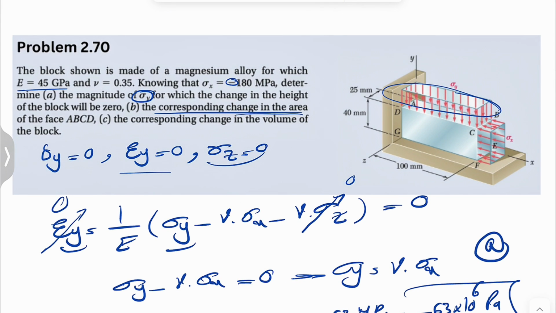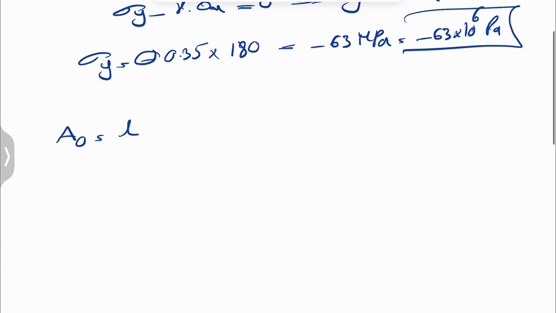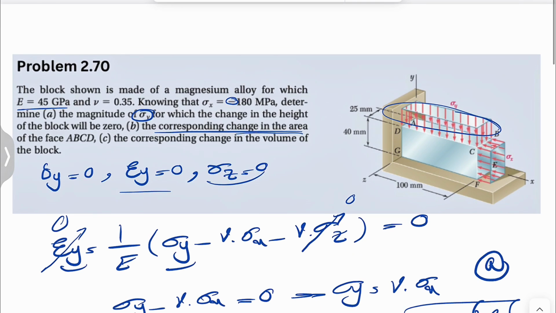For the B part, we need to find the corresponding change in the area. So the initial area that we have is basically, and we are talking about this area, we can call this side Lx and the other side Lz.